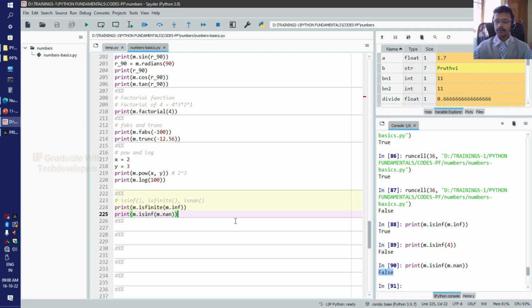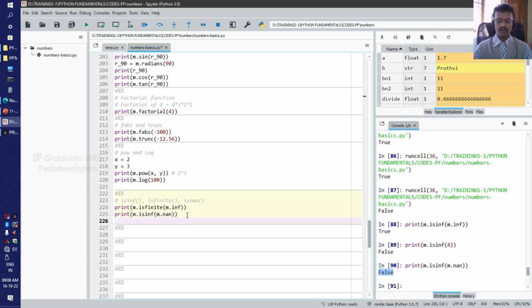We can use math.isnan to check whether the number entered is not a number or not.